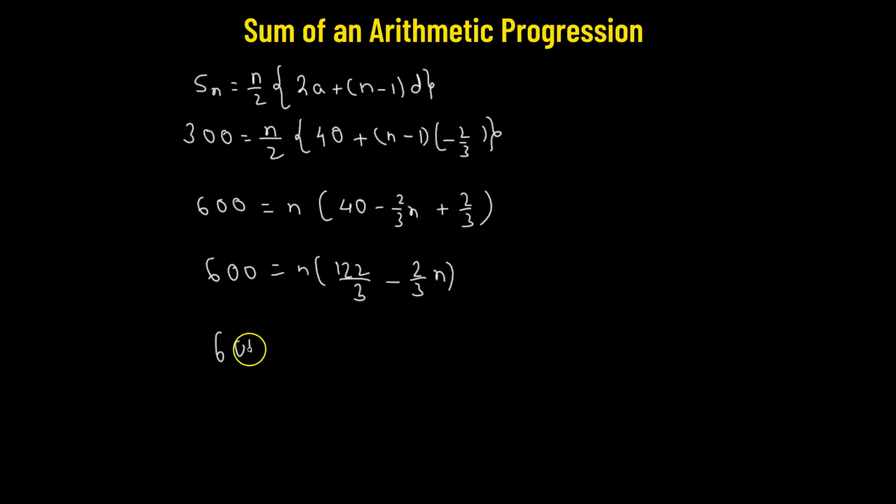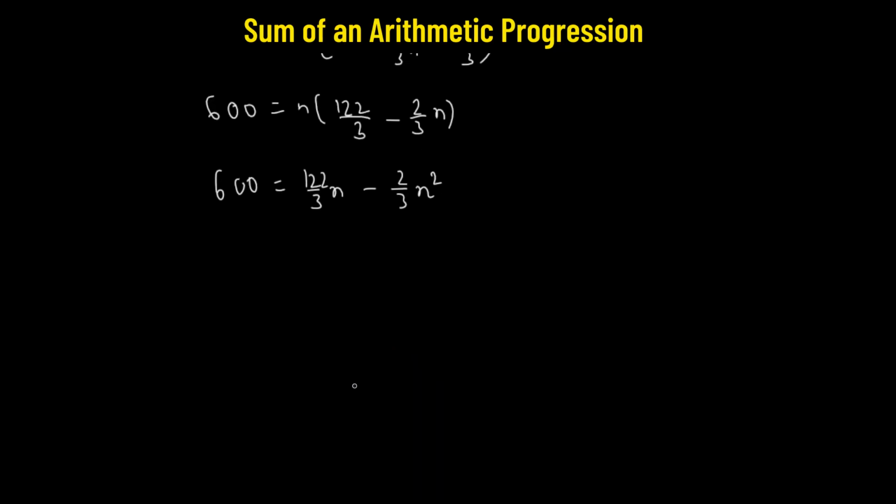So let's multiply with n. We're going to get 122 over 3 times n minus 2/3 multiplied by n squared. Rearranging the terms, we're going to get 2/3 multiplied by n squared minus 122 divided by 3 times n plus 600 equals 0.